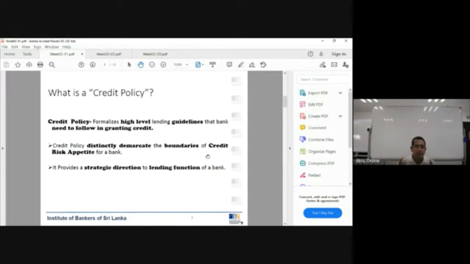Under value-driven culture, we had very tight criteria because our aim is to minimize the NPL. Our portfolio quality should be very good. So in that kind of a scenario, credit policy will be very strict. It will give very strict risk guidelines.